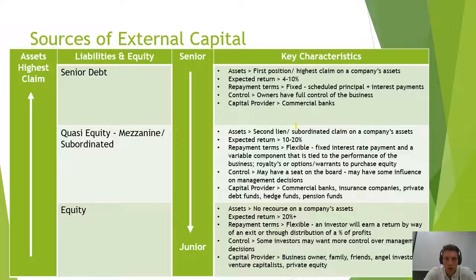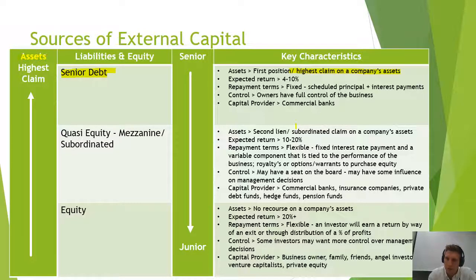There's a lot happening in this chart, and the best way for us to understand this chart is if we start at the left-hand side of the table. We have assets listed here, and we have an arrow pointing up. The arrow is pointing at the provider of capital that has the highest claim on a company's assets.